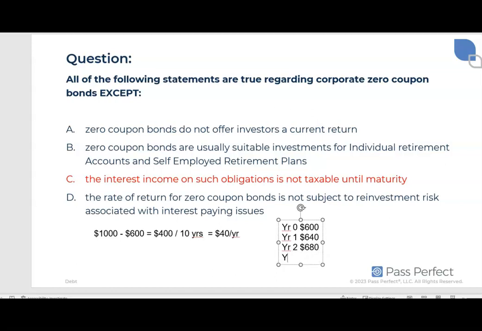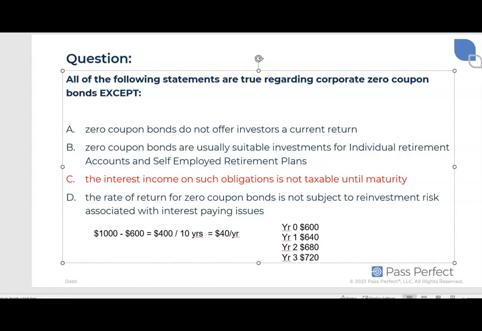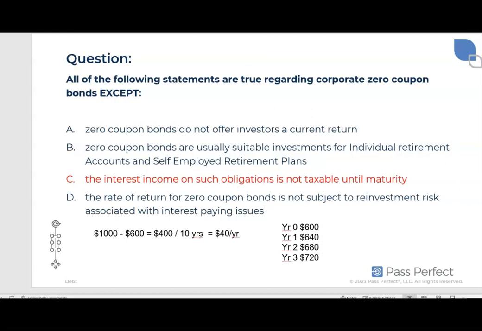In year 3, it's gone up to $720, and so on until year 10 when it's worth $1,000. So even though they don't receive it, they're taxed as if they did. That is known as phantom income. Therefore, C is a false answer choice. They are taxed along the way.